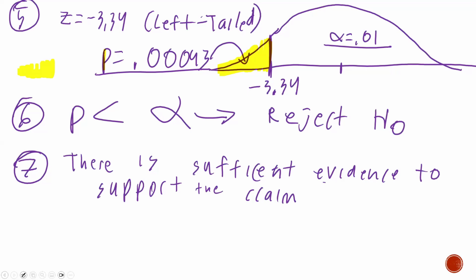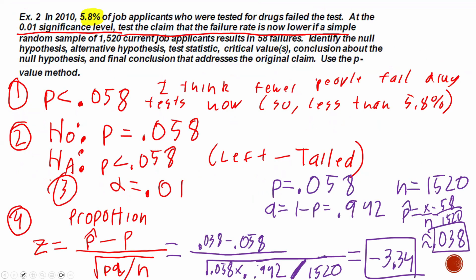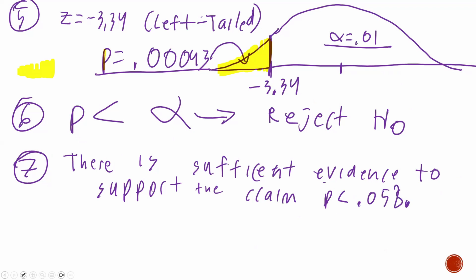And the alternative hypothesis in this case was that p is less than, now let me state that in words. So this claim is saying there's sufficient evidence to claim. I'm going to just write AKA instead of a sentence.